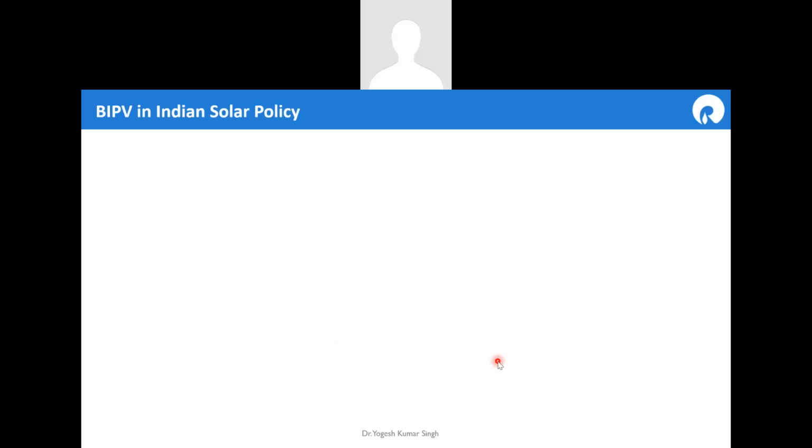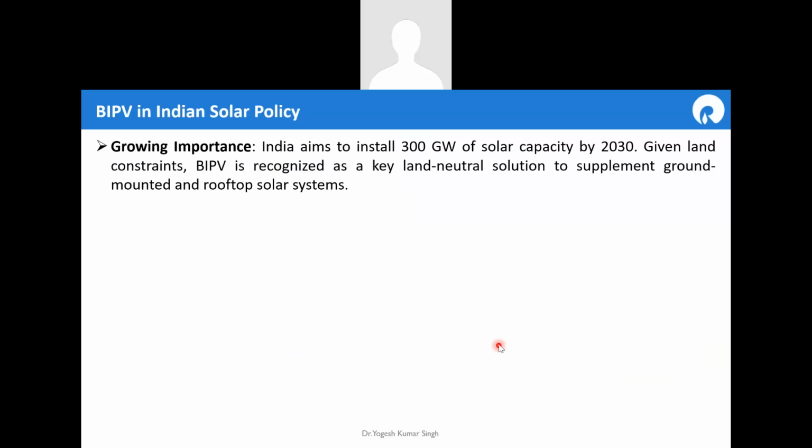Now, after the introduction of BIPV, we will discuss BIPV in Indian solar policy, and what solar initiatives have been taken by the ministry and others.